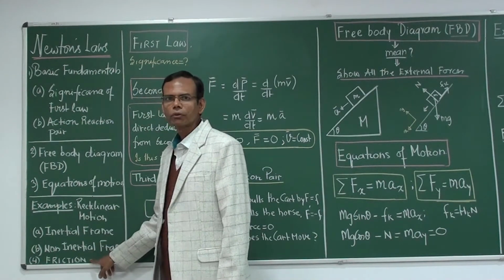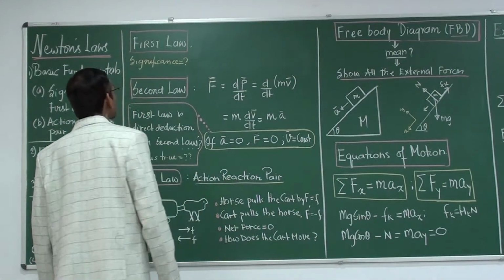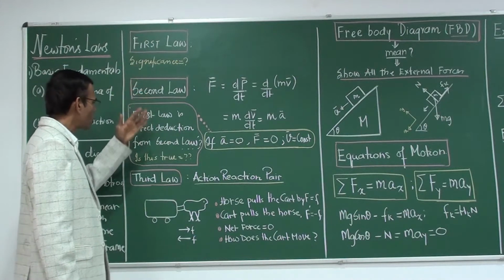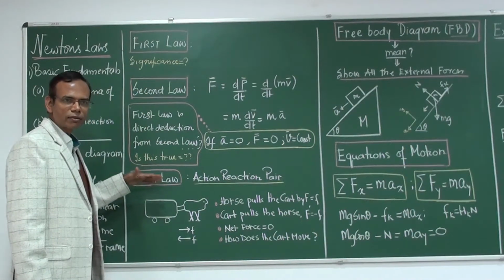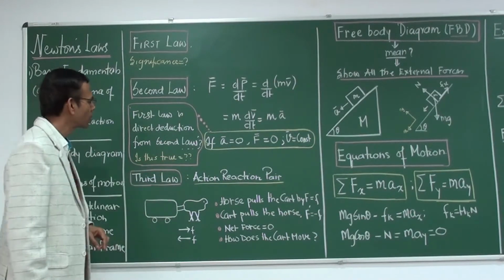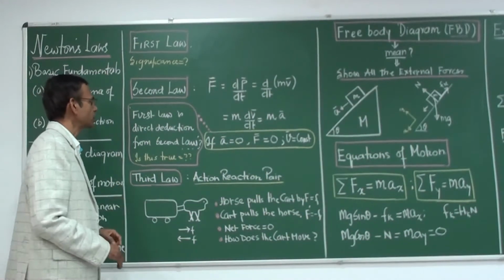Then lastly, a few words about friction. Now, the first law, second law and the third law are the 3 basic laws of classical physics, one of the most important laws of classical physics.